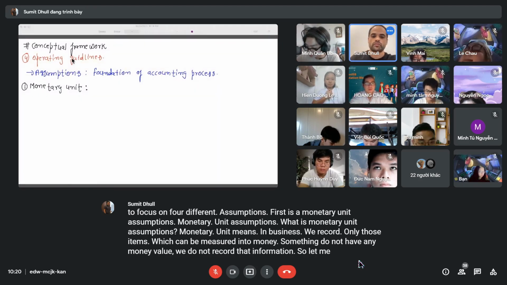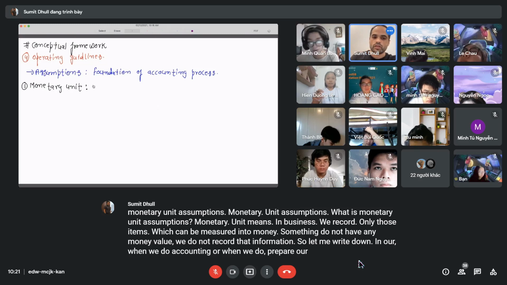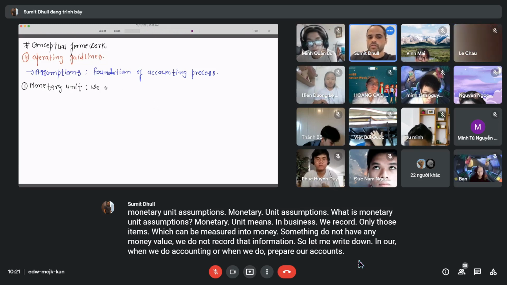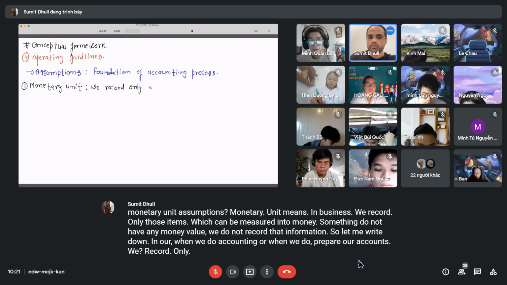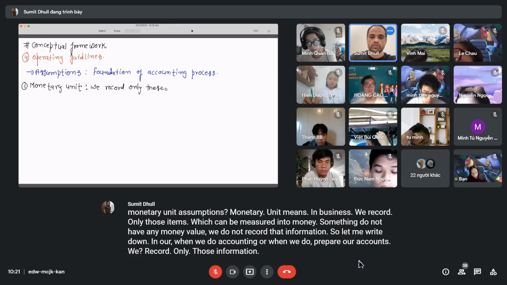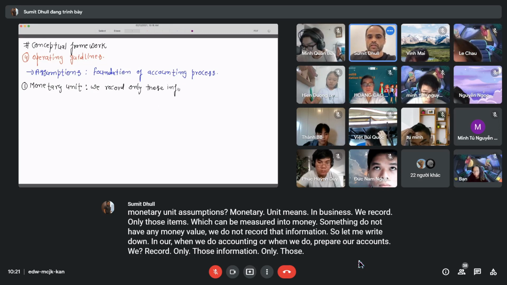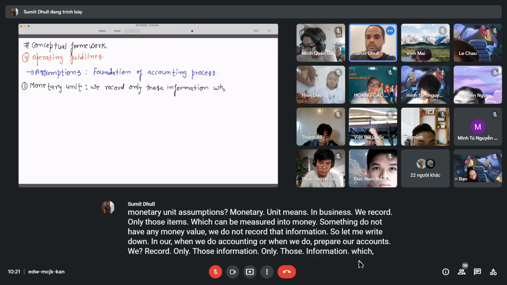So let me write down. When we do accounting, or when we prepare our accounts, we record only that information which has a money value.